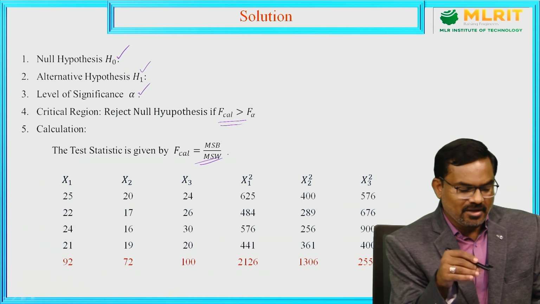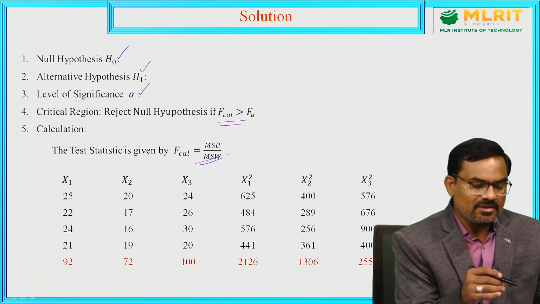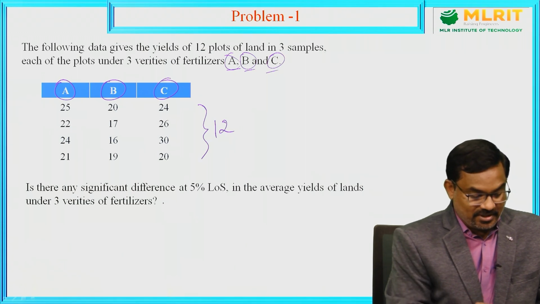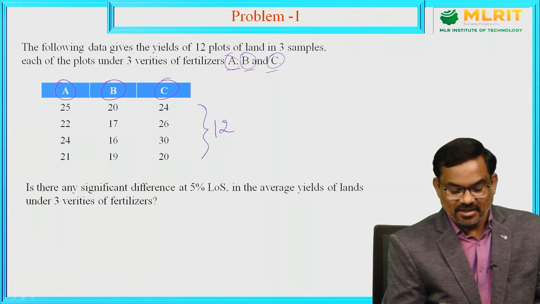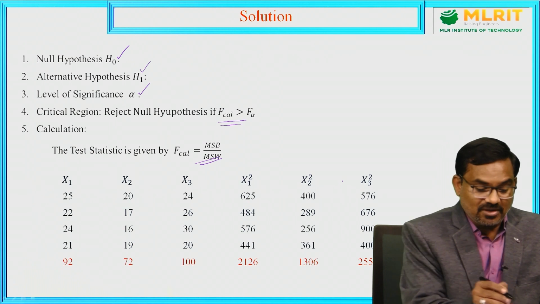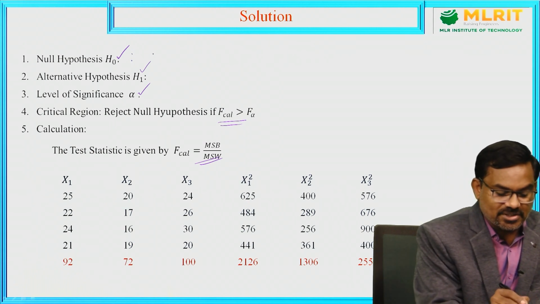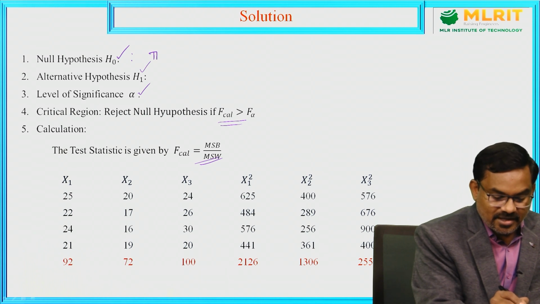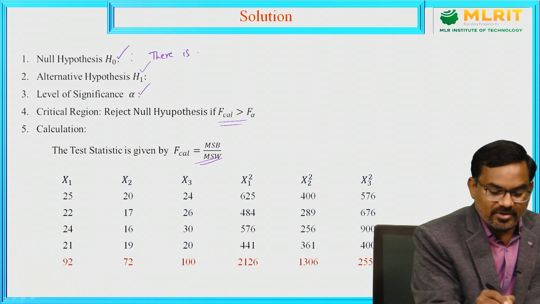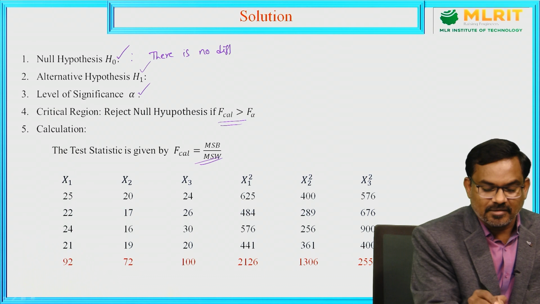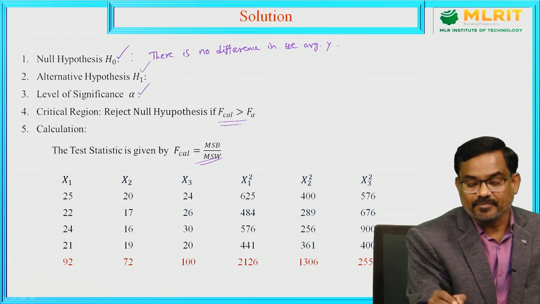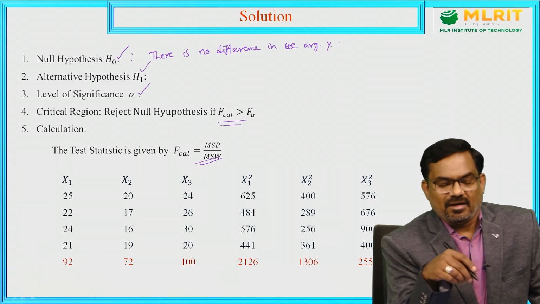Now, in the ANOVA test, the null hypothesis, what is the actual problem? Is there any significant difference in the average yields of lands? So, the null hypothesis always will be taken in the form that there is no difference in the average or mean yield of the land.